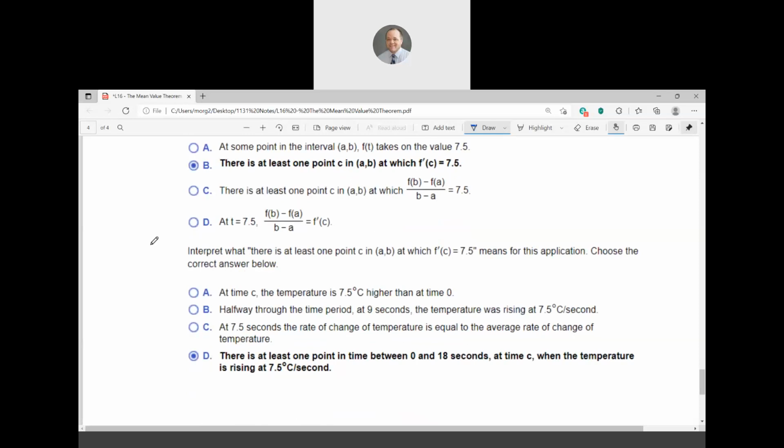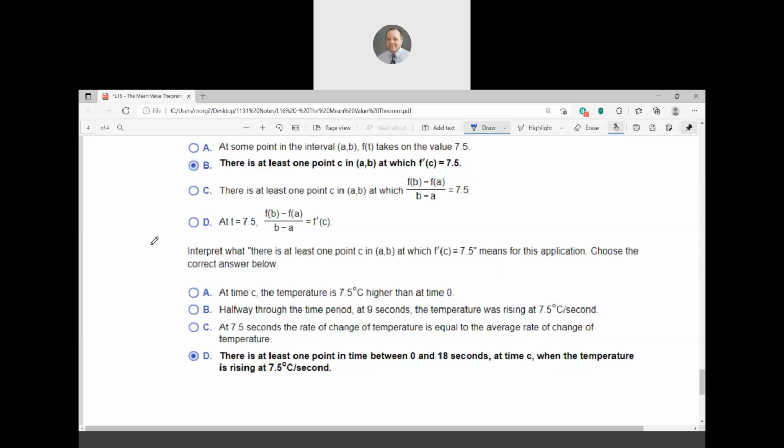The last part of our question, interpret what there is at least one point, what I just read, means for this application. Choose the correct answer below. Be careful because C looks like it may be the correct answer.